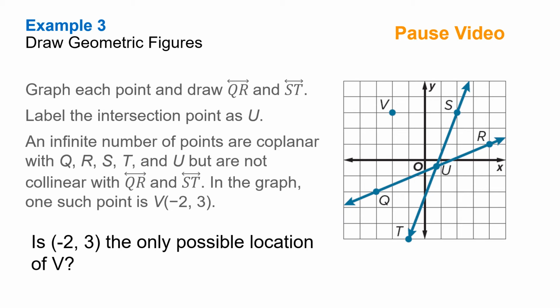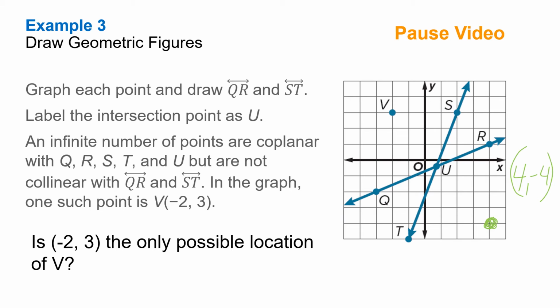So, coming back, if we have point V at, let's say, this location down here of 4, -4, is 4, -4 coplanar with all of these lines? Yes, it was graphed on the same coordinate plane, so it is coplanar.